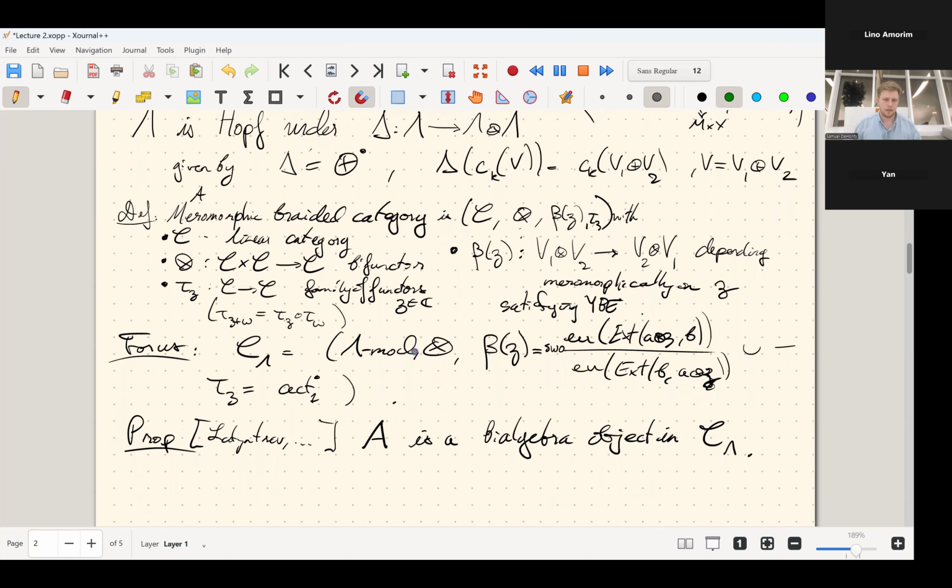And now, what sort of properties does this ring have, or the category of modules over this ring? Well, it's a meromorphic braided category. What does this mean? This means we have a linear category together with a monoidal bifunctor. It's in this case going to be strictly associative.